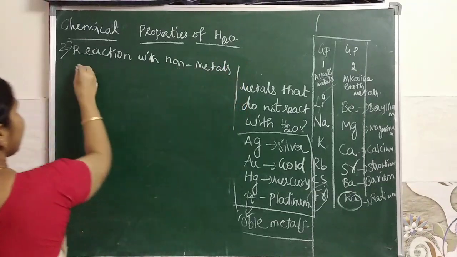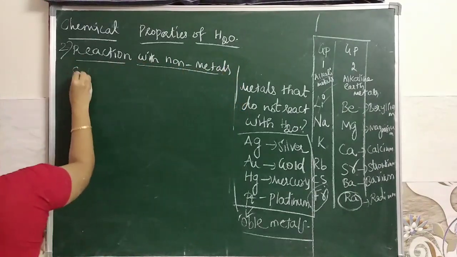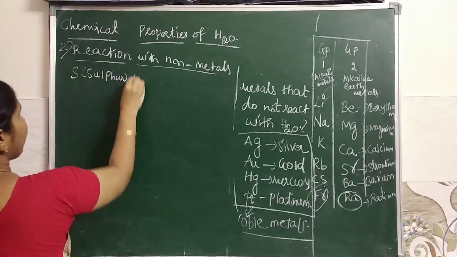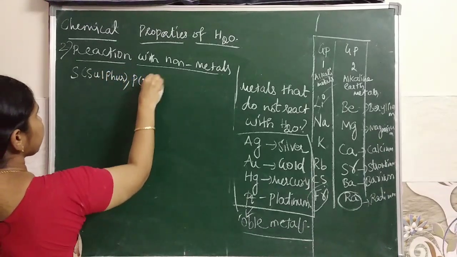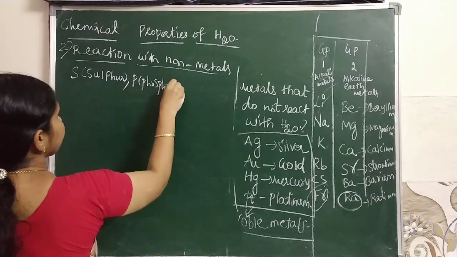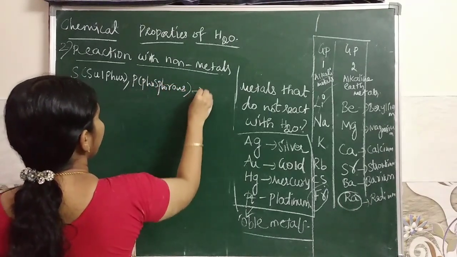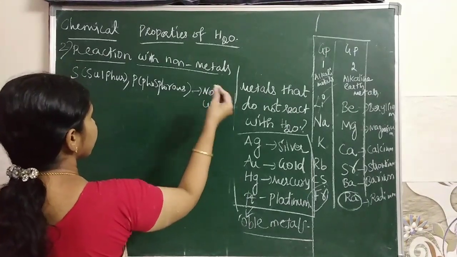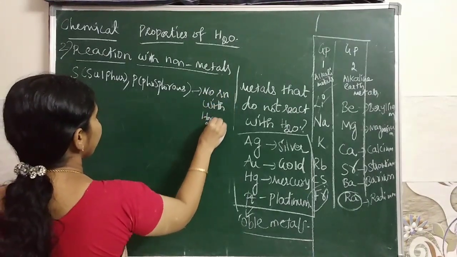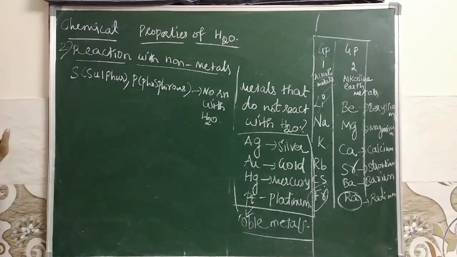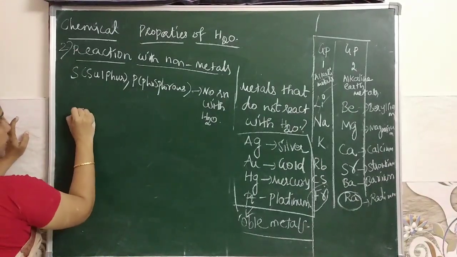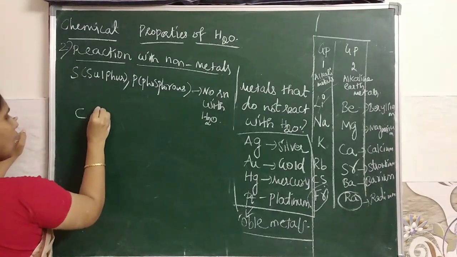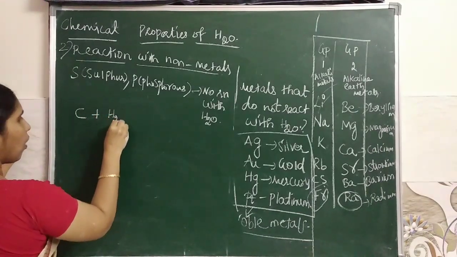Non-metals also include sulfur, S, and phosphorus, P. Sulfur and phosphorus have no reaction with water. Okay. If carbon is taken, carbon, which is a non-metal, reacts with water.